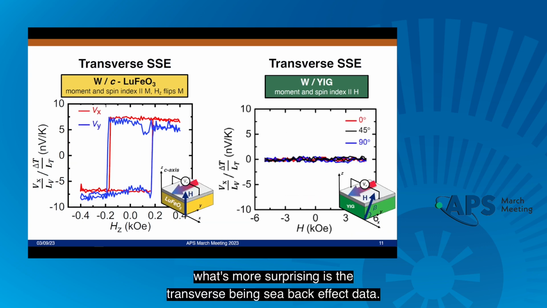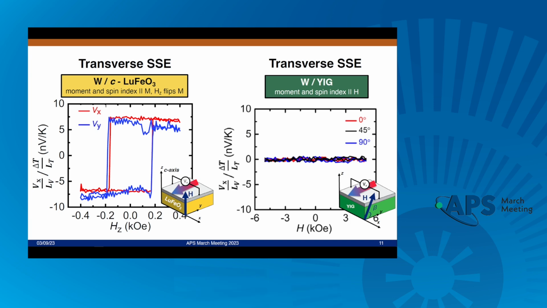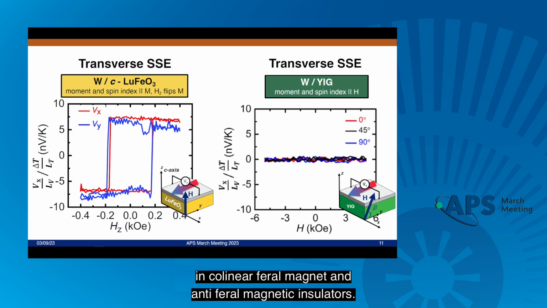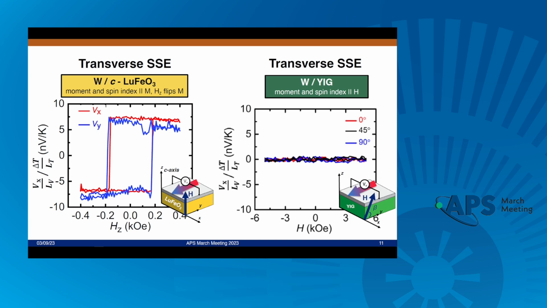What's more surprising is the transverse Spin Seebeck effect data. Here, we switch the temperature gradient from out-of-plane direction into the in-plane directions. There's no thermal voltage in collinear ferromagnet and antiferromagnetic insulators, but we saw signal in both x and y directions.